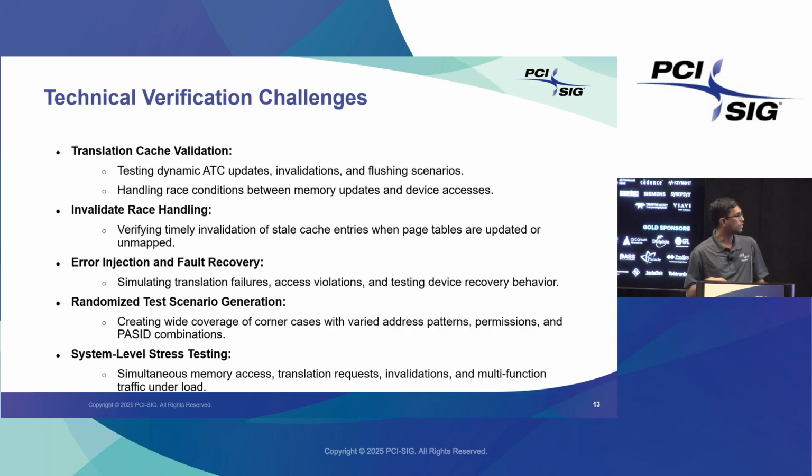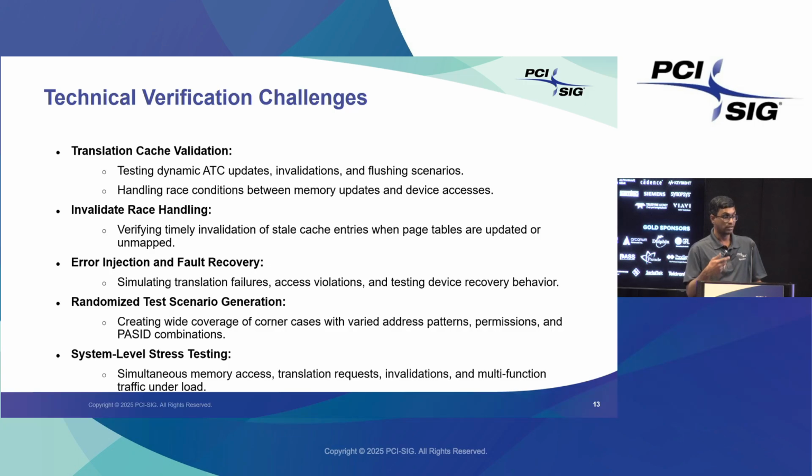And fault recovery. This capability is per PF and per VF separately. So whenever any fault comes for one VF or one PF, the system should not fail. It should recover automatically, and the translation should work as expected. So fault recovery is a very important scenario we have to verify.